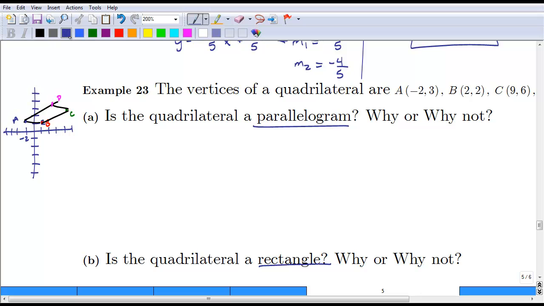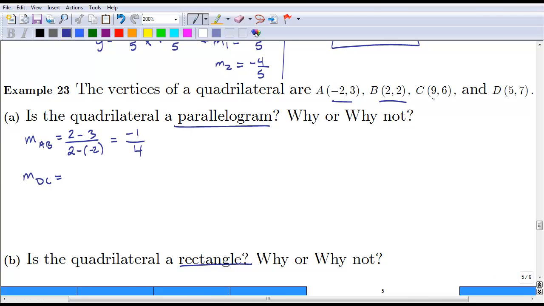So in this case, we want to find out if the line AB is parallel to line DC. We will find the slope of AB, comparing A and B. So we would have 2 minus 3 over 2 minus negative 2. This comes out to be negative 1/4. And then we want to find the slope of DC. D is at 5, 7, C is at 9, 6.